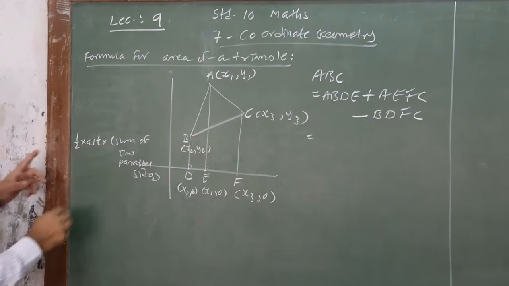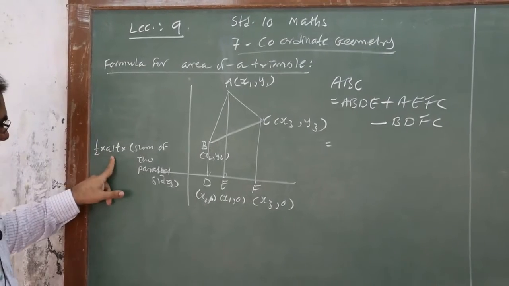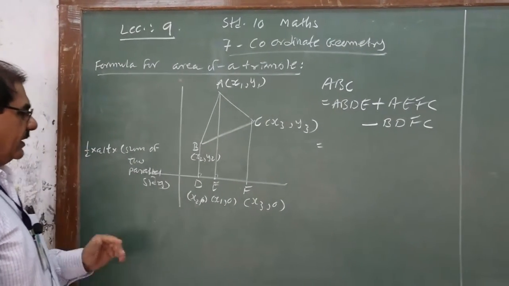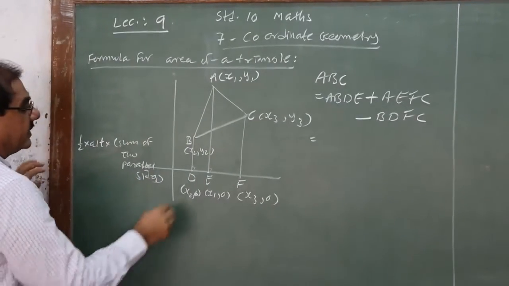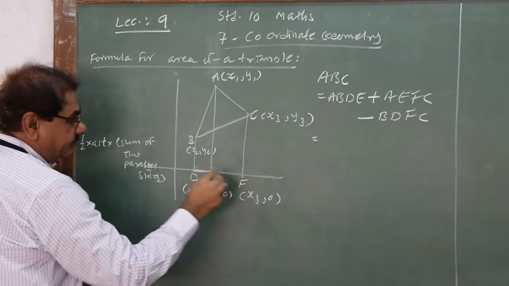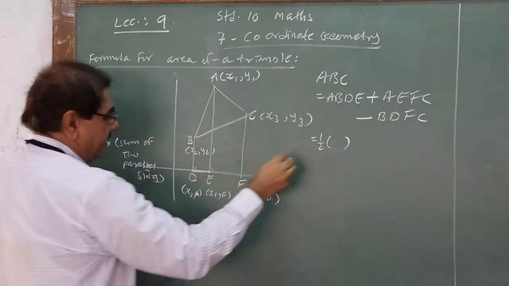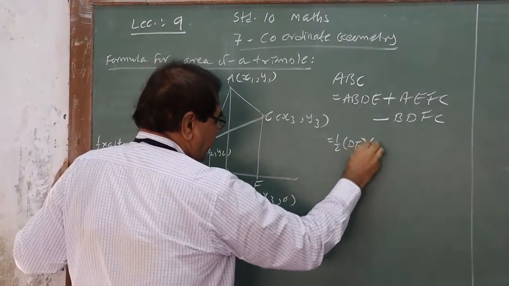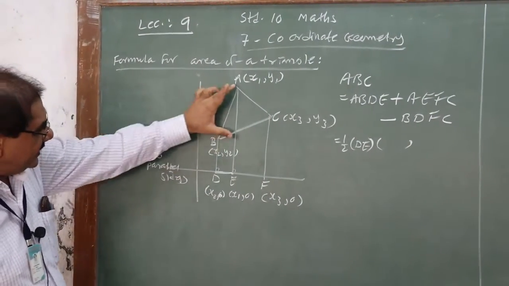It was the formula for the area of a trapezium. For trapezium ABDE, what is the altitude? DE. So 1/2 altitude DE into the sum of the two parallel sides. Parallel sides are BD and AE.